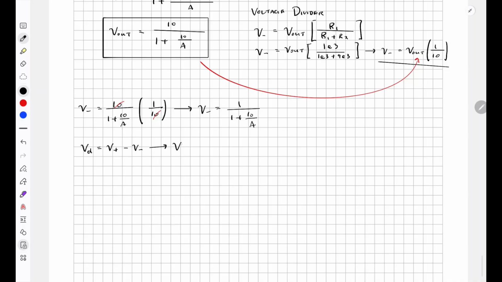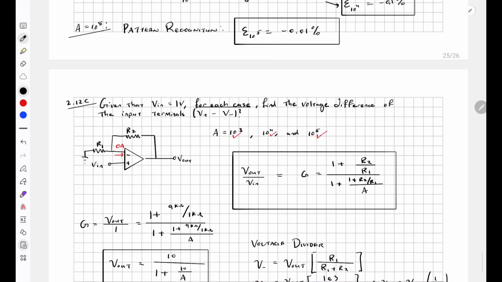So VD is equal to V in minus V minus, which we just solved. So it's 1 minus 1 divided by 1 plus 10 divided by open loop gain A. This is the equation that we will be using. Now the question says that for each of the three cases, so A of 10 to the third, 10 to the fourth, and 10 to the fifth.